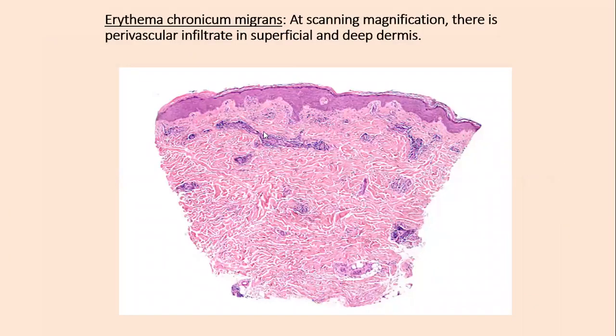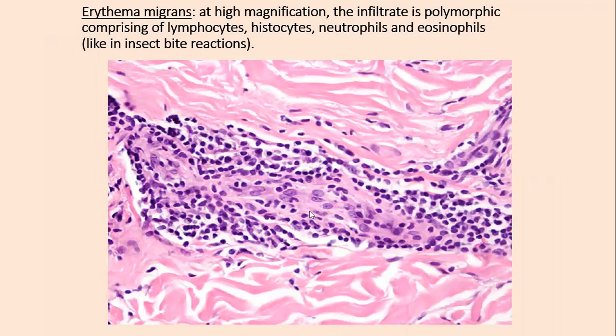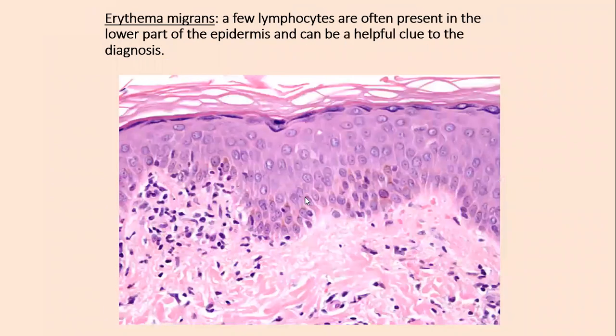So the picture is similar to erythema annulare centrifugum. Eosinophils are seen in early phases. Lymphocytes are often present in the lower part of the epidermis, which is a useful clue here.